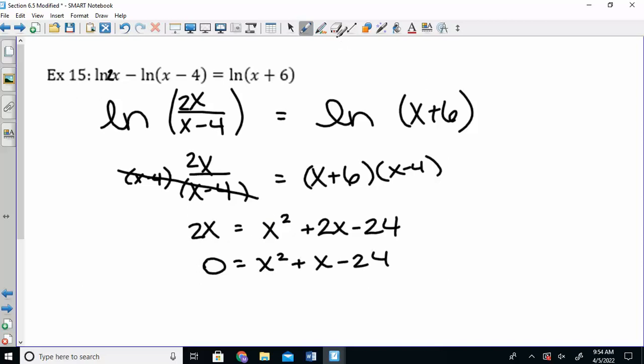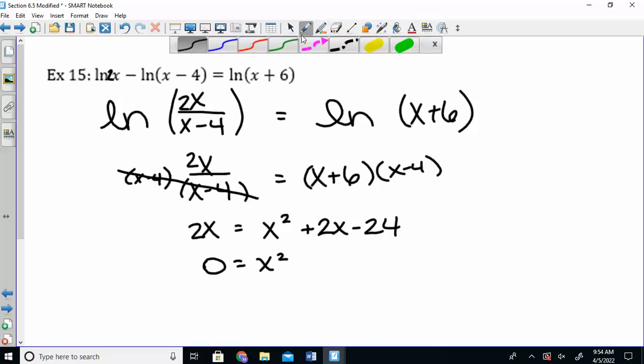Okay. Well, that's still not going to make it really pretty, is it? It'll work. So when I subtract that 2x over, those cancel, so we just get x squared minus 24. Sorry, apparently I didn't work out all my problems before I printed that. How would I get x by itself then?